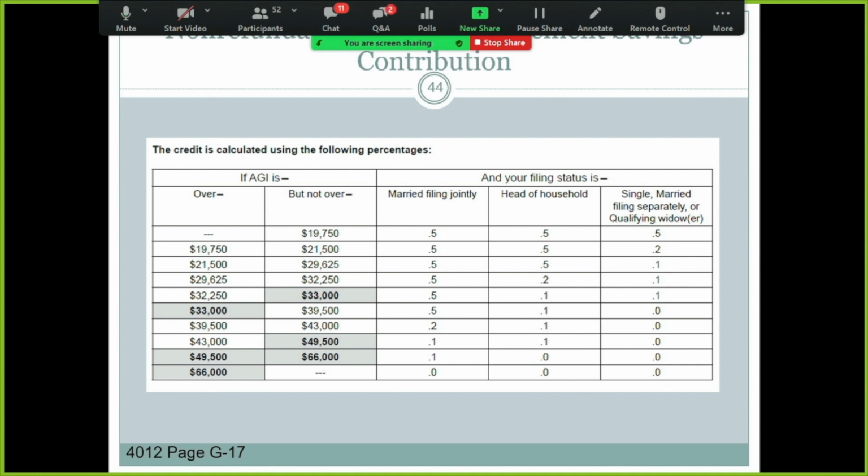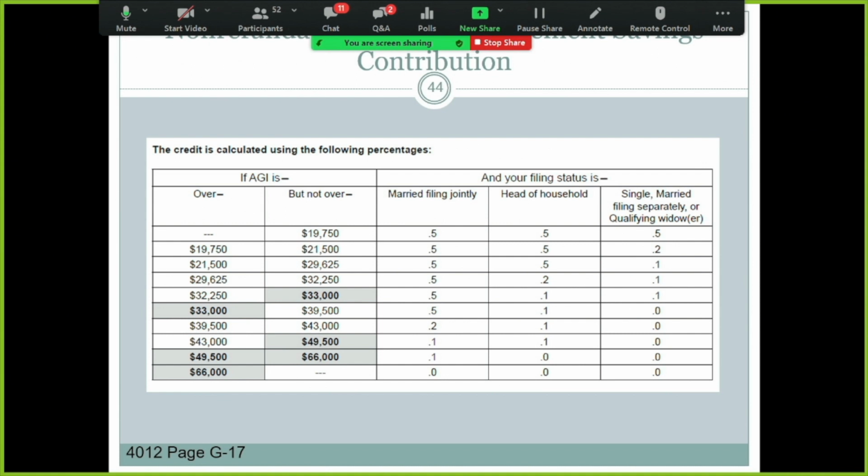Now, the non-refundable retirement savings contribution is based on AGI and your filing status: married filing jointly, head of household, single, married filing separately, or qualifying widower. And it's based on a percentage. This chart will show you the percentage.